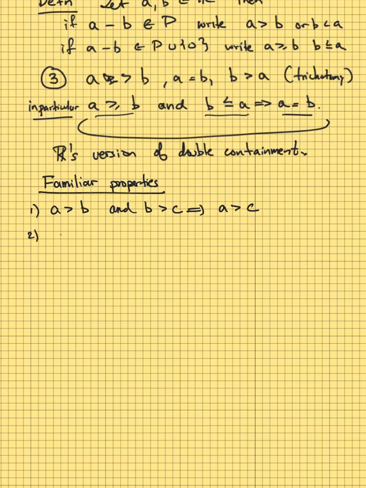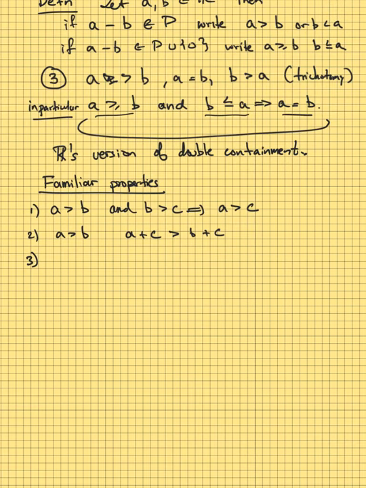The second is if A is greater than B, then A plus C is greater than B plus C. I think I'm only going to prove the third one of these, so let me just give you hints to show these two.